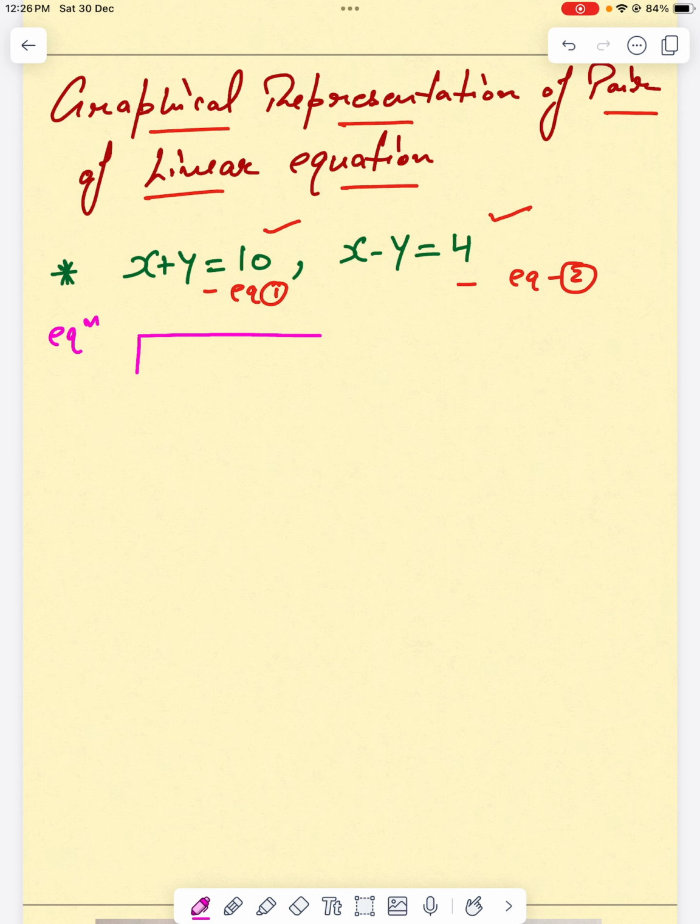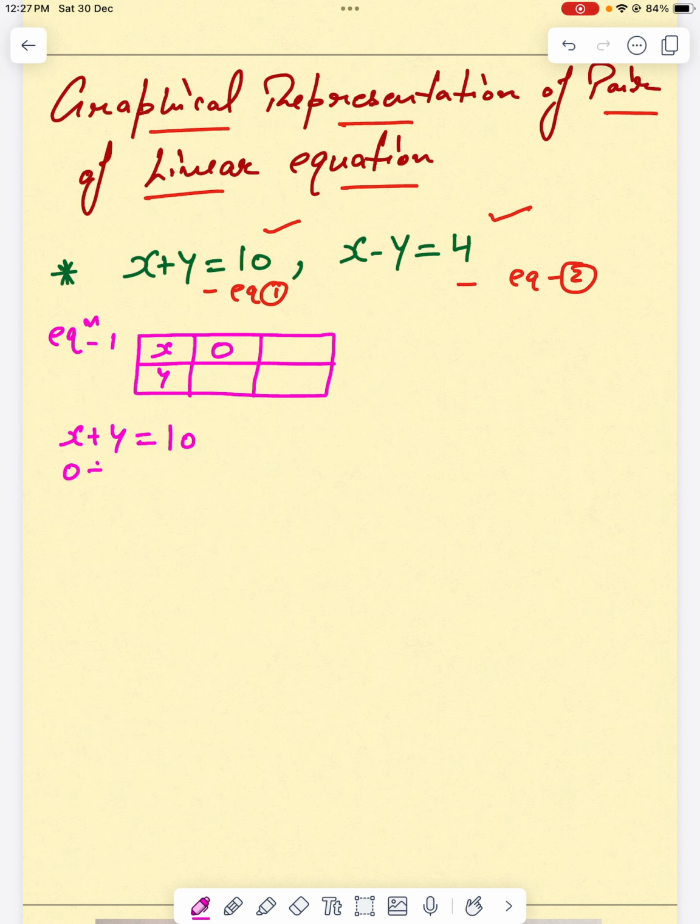Make one table representing the values of variables x and y. You can assume any value of x and correspondingly find the value of y. So starting with our first equation, that is x plus y equals 10. Say I have assumed the value of x is 0.